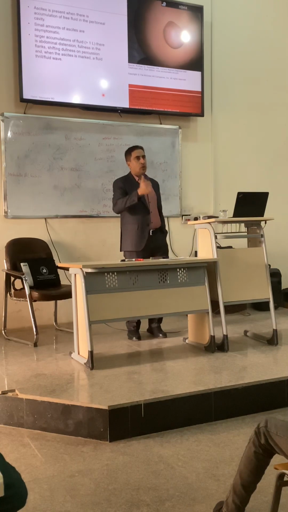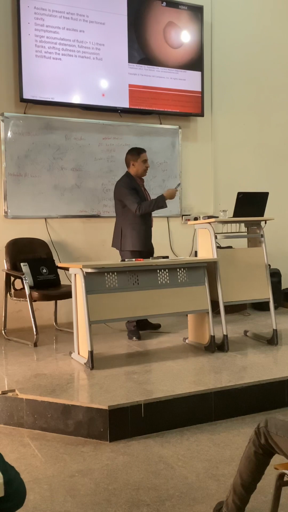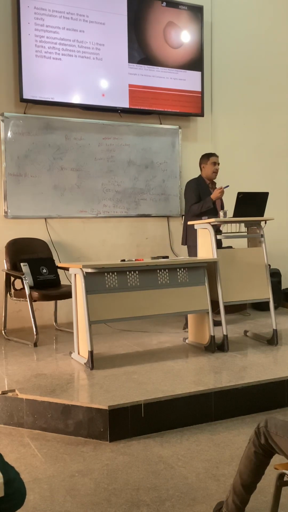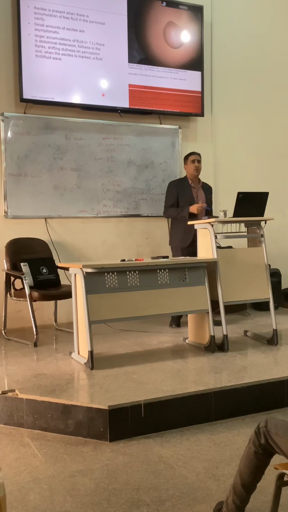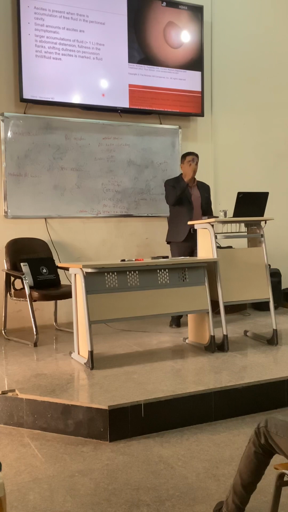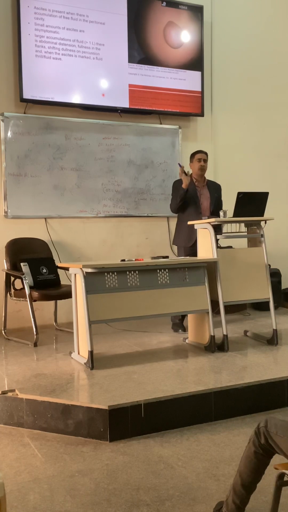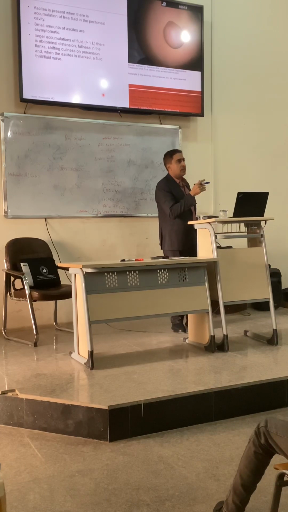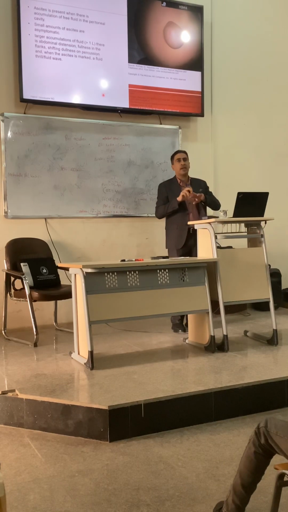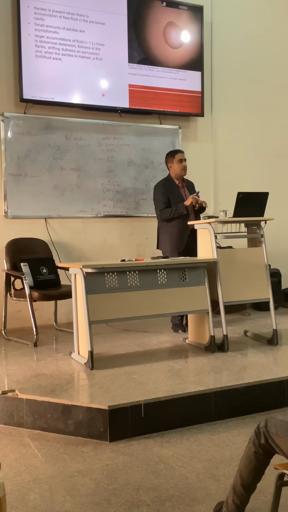You guys, when you come to the ward, you need to practice yourselves and familiarize yourselves with how to apply these signs, how to do shifting dullness and the transmitted fluid thrill. Because half of you in the exam have no idea about these signs. They don't know how to do the fluid thrill. They don't know how to percuss for ascites.